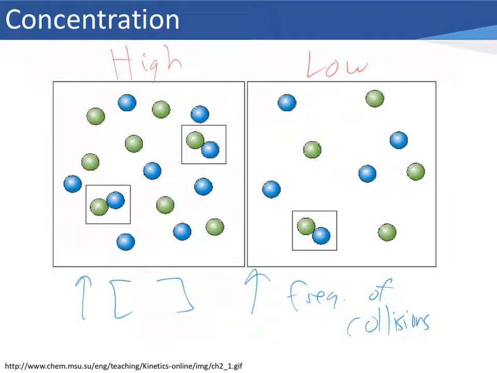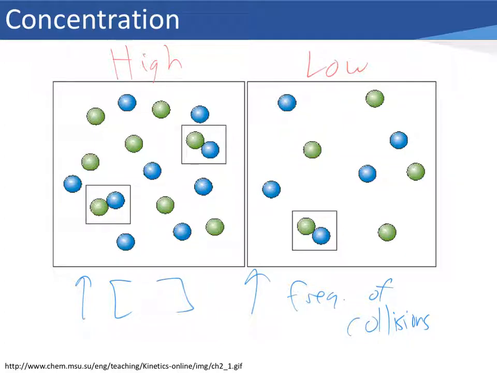If I have a greater number of collisions per unit time, then I will have a greater rate, because the number of successful collisions per unit time will also go up. But this does not have the same effect as temperature. This simply increases the frequency of collisions. It does not increase the percentage of collisions that will be successful.